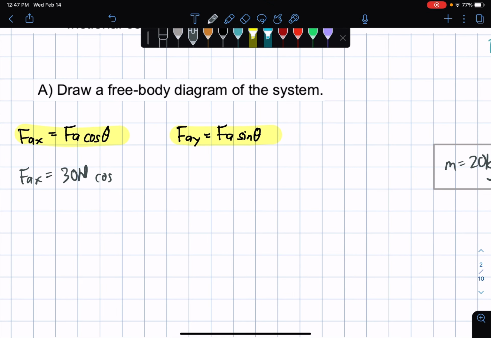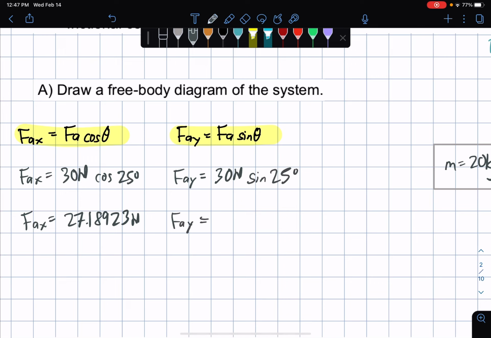And then the theta value is 25 degrees. So we have 27.18923 newtons. For Fay, well, let's write the entire thing again.